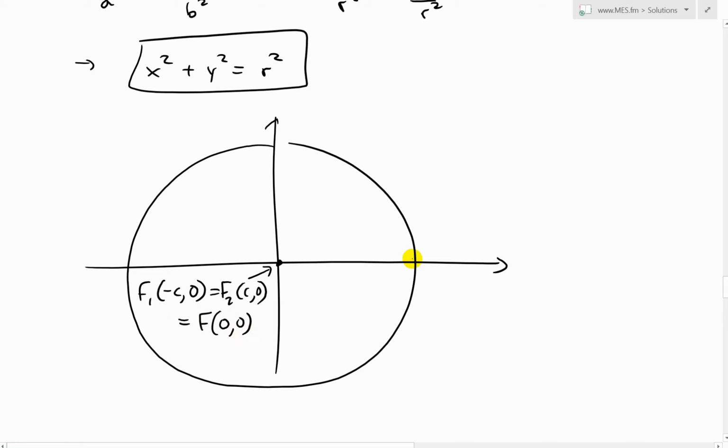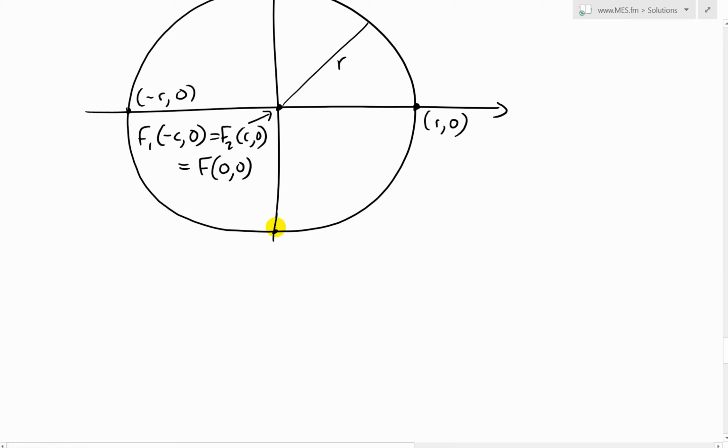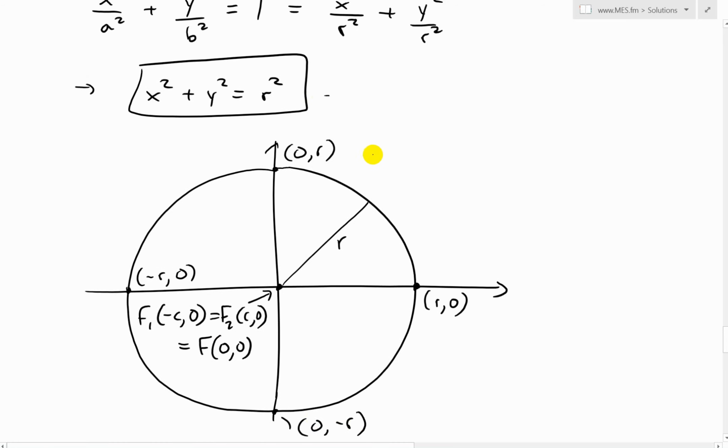And then the vertices are going to be at this point where r is equal to a, that's just going to be r, 0. This point is going to be 0, r, and this one's going to be negative r, 0, and then the vertical one over here is 0, negative r. Again we get a circle like that, and this formula is that.